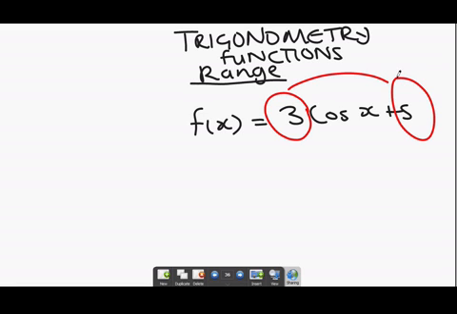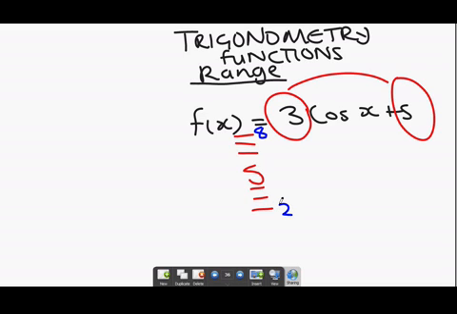So what you are going to do is, you're going to say, okay, fine, I am at 5. If I go up 3, 6, 7, 8, that means I'll go up to 8 there. And if I go down 3, 4, 3, 2, that means I'll have 2.